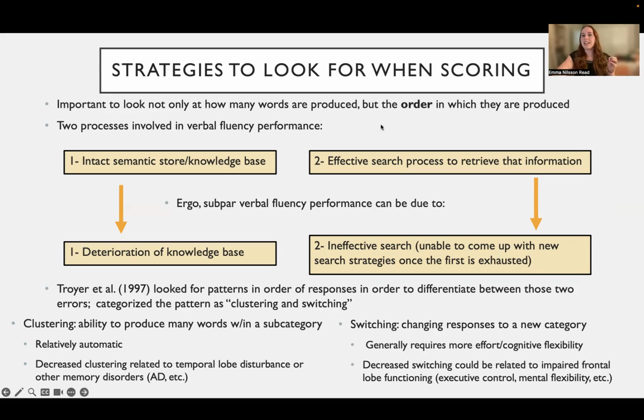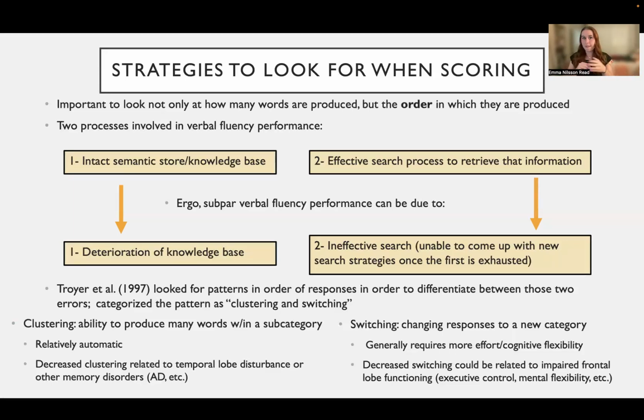And two, you need an effective search process in order to retrieve that information. So subpar verbal fluency performance can be due to a deterioration of either of those things. It can either be due to a deterioration of your knowledge base, or you don't really have the words in there, or it could be due to an ineffective search strategy. You can't come up with new search strategies once your first is exhausted.